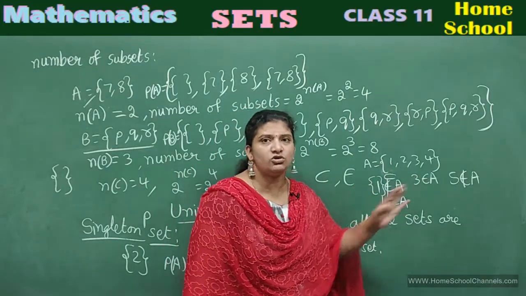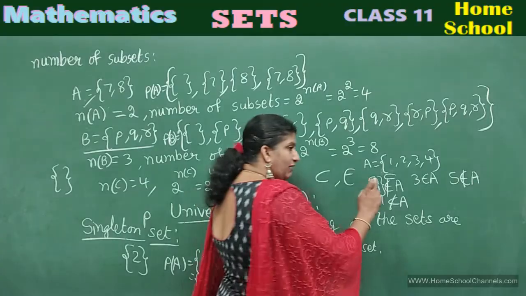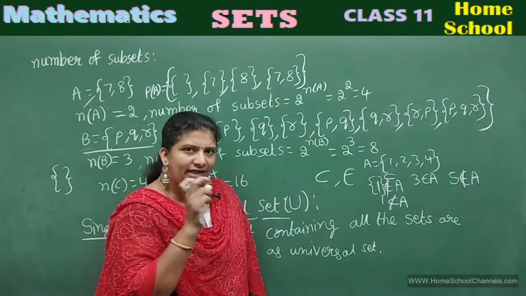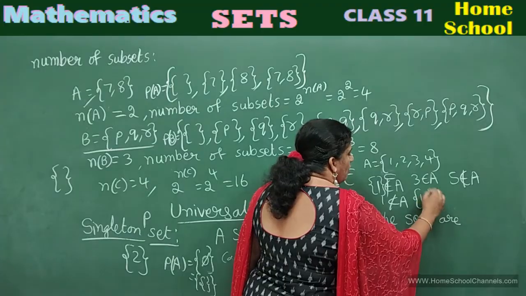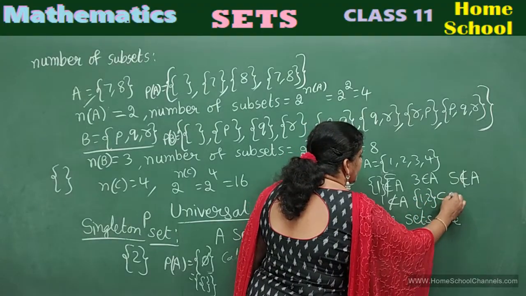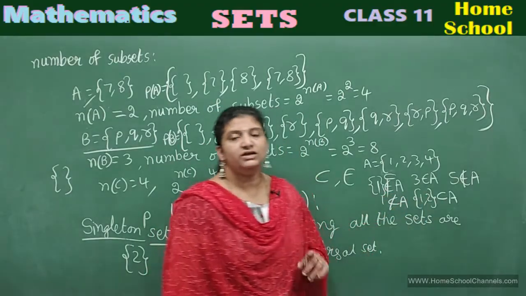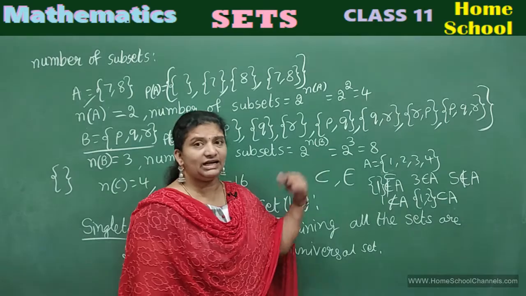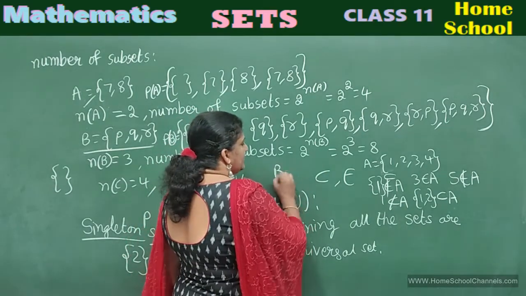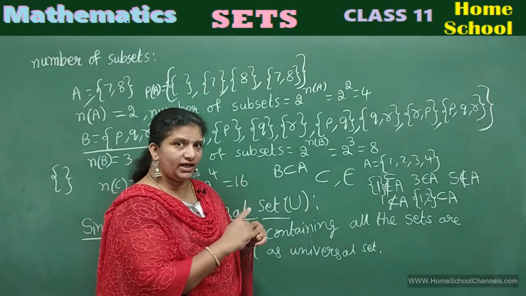3 belongs to A. Then coming to subset. When you are talking about any subset, you should write like this: {1, 2} is a subset of the set A. With brackets, you need to say subset. Or directly a set you can say: B is a subset of A, if you are taking two sets.